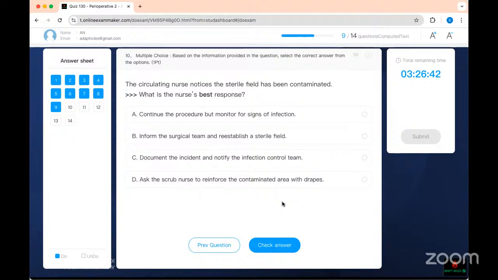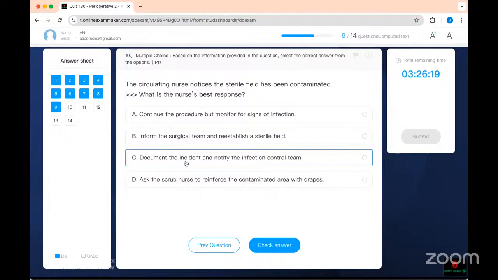So which answer choice means you intervene for breaking sterility? Continue the procedure. We're not going to do that. Inform the surgical team and re-establish the sterile field. Sounds better based on your content, right? I'm not going to document and notify infection control. It's a waste of time.